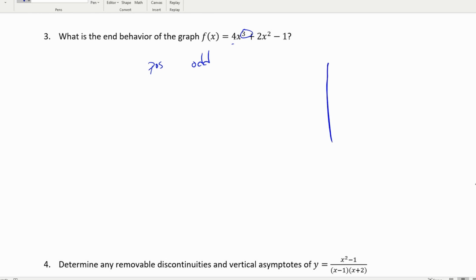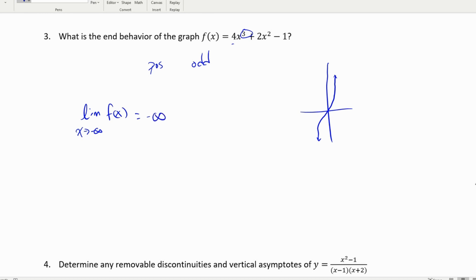So let me sketch that out right here. Just that basic cubic function. And what I can see is the end behavior on the right side is going up and the end behavior on the left side is going down. So let's write that out. The limit of f of x as x approaches negative infinity. That means our left side is going to be negative infinity because it's going down.